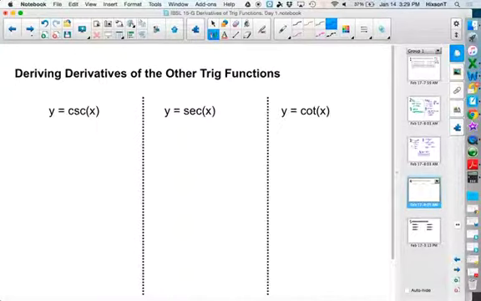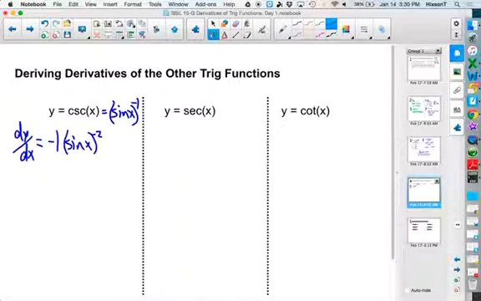Well, cosecant is sine to the negative 1, right? So for the derivative, we're going to use the chain rule. Negative 1 times sine to the negative 2 power times chain rule times cosine.